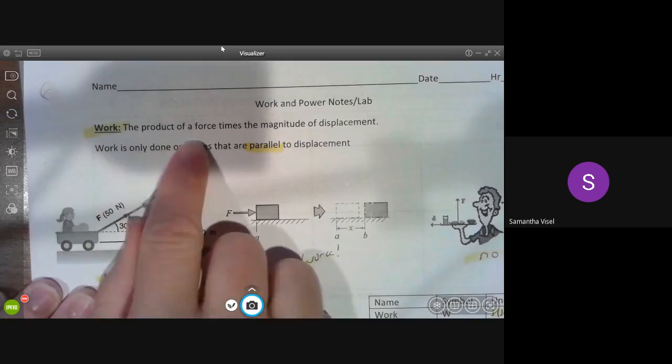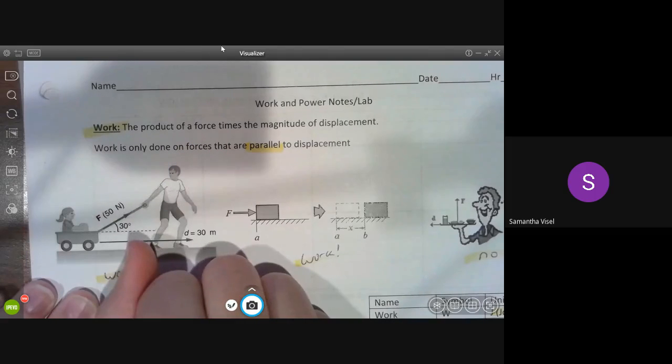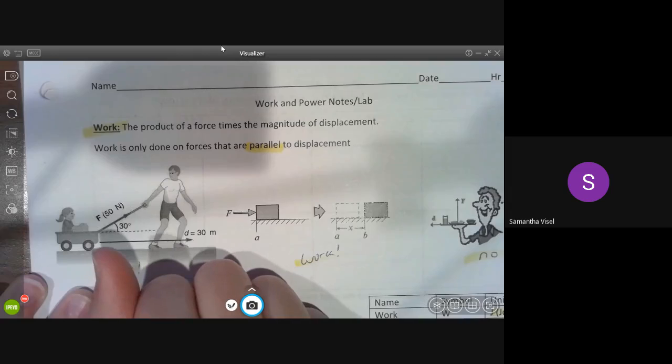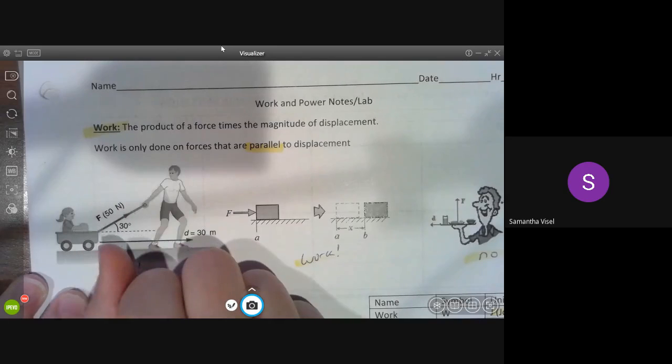Work is the product of a force times the magnitude of displacement. So work is factoring in how much force is required to move something. It's only done on forces that are parallel to displacement.